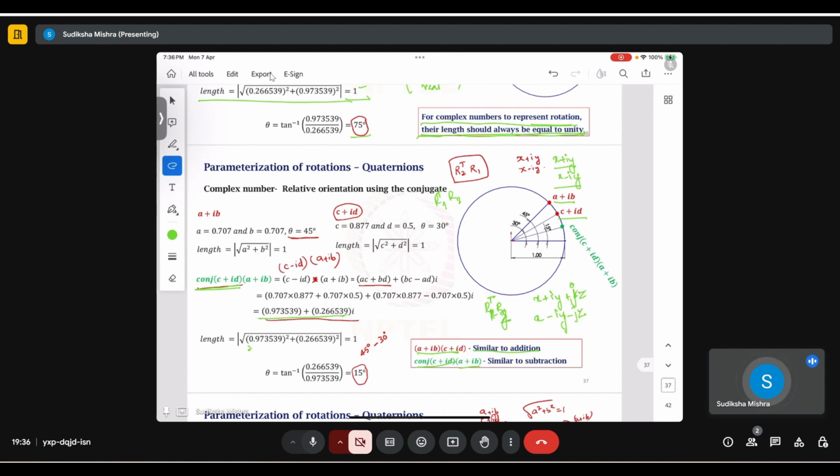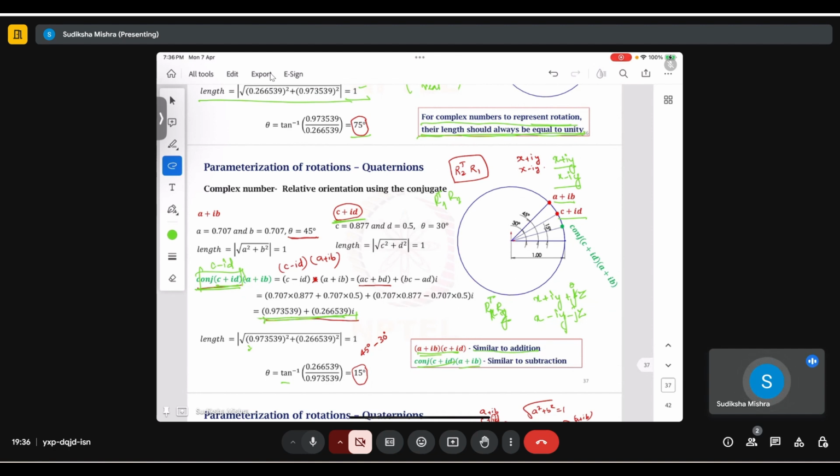To calculate the net angle here, you take the conjugate of c plus id, which is c minus id. You multiply this and get another imaginary number. The length of this number is also equal to 1 because all of these lie on that circle. Tan inverse of imaginary by real gives you 15 degrees.